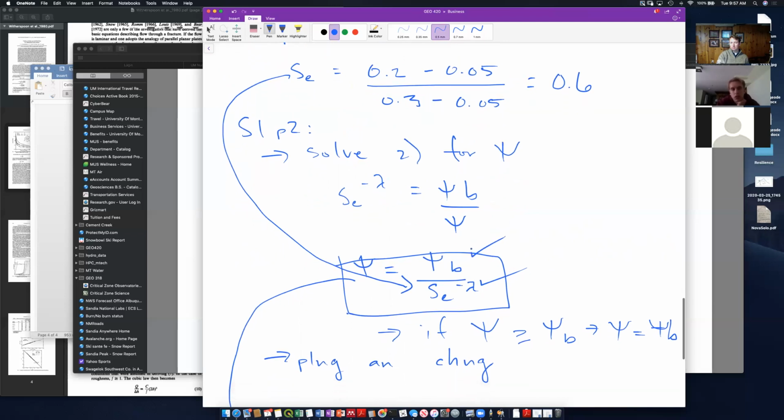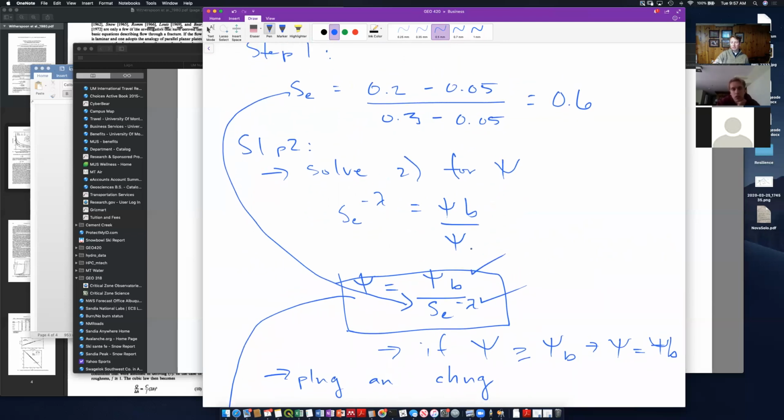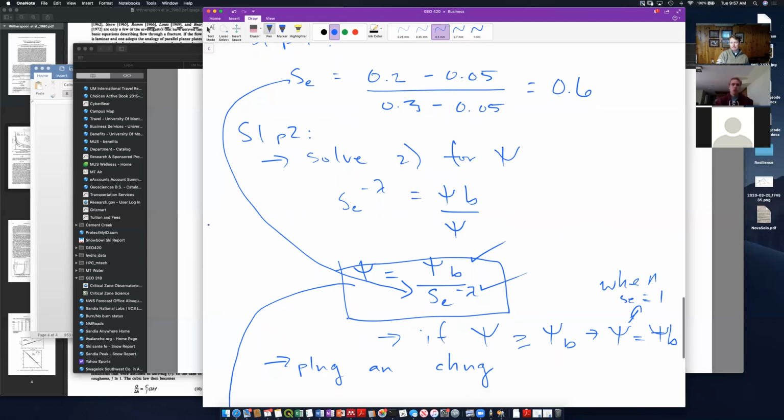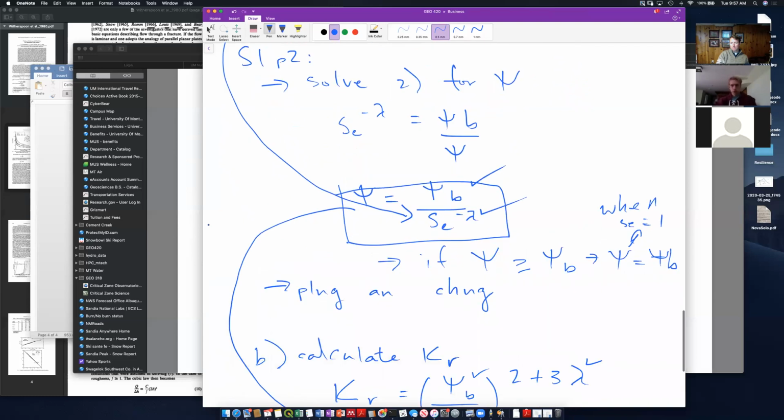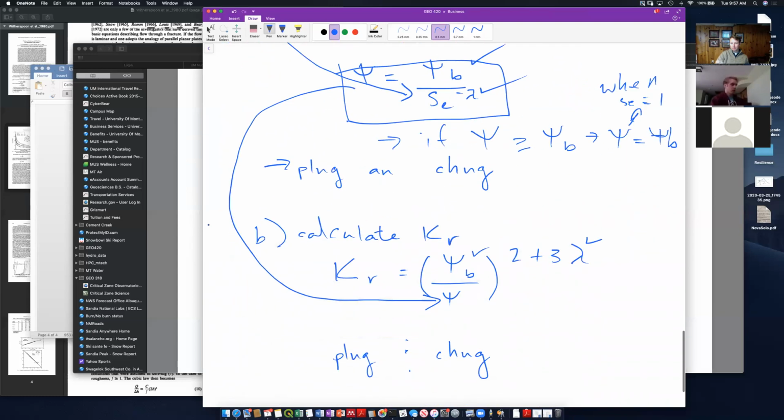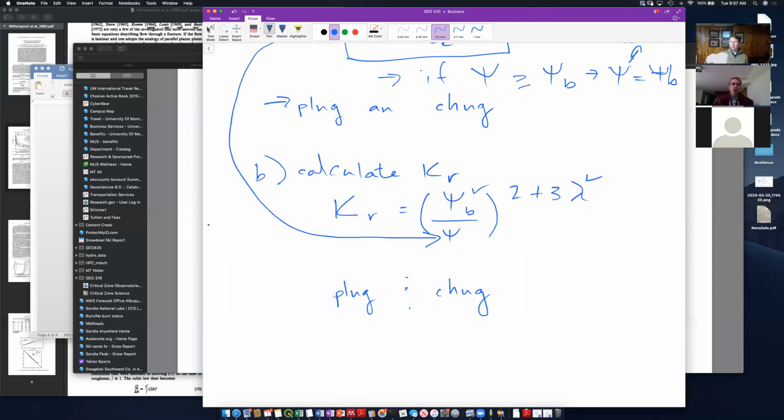So this really only happens when SE is equal to 1. Well, for example, in my homework, if the value I got for relative hydraulic conductivity was greater than the porosity, I would just plug in the porosities for those points.